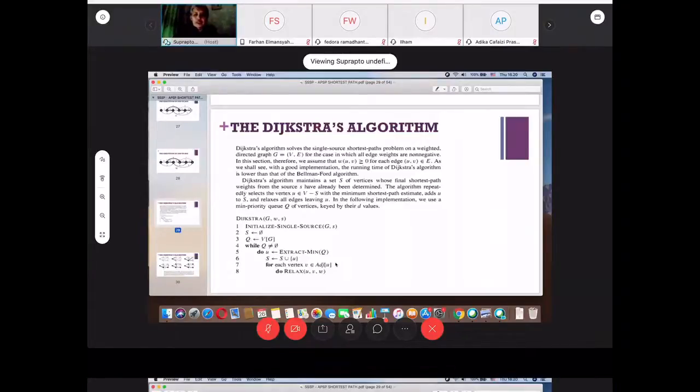There is a strong constraint in this case. Negative edge weights are not allowed, so fortunately, we don't have to worry about negative weight cycles in this case because there is no edge with a negative value.